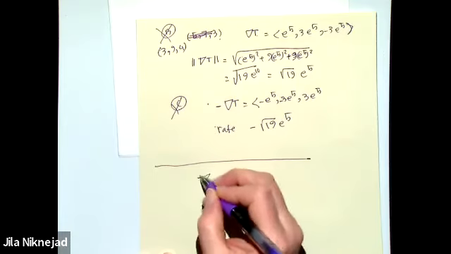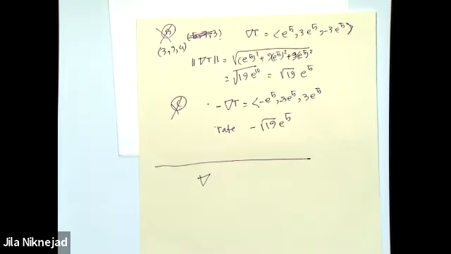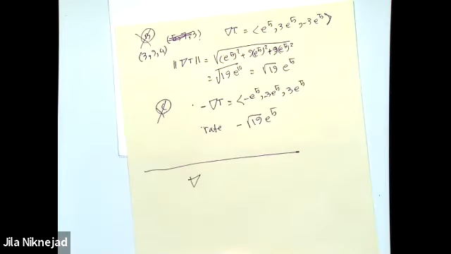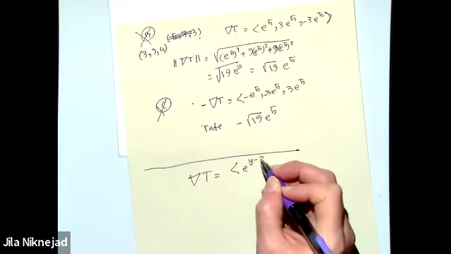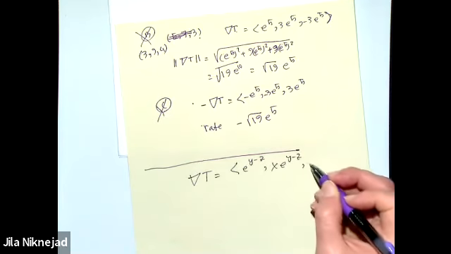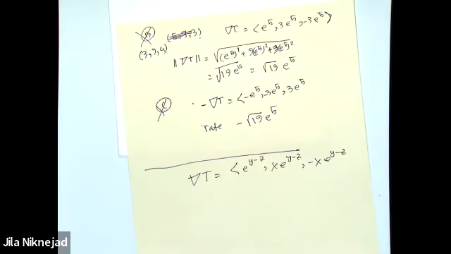I know the gradient vector is what? Let me write down the gradient vector. The gradient vector was this: e to the power y minus z, x e to the power y minus z, negative x e to the power y minus z. Let's do this correctly.